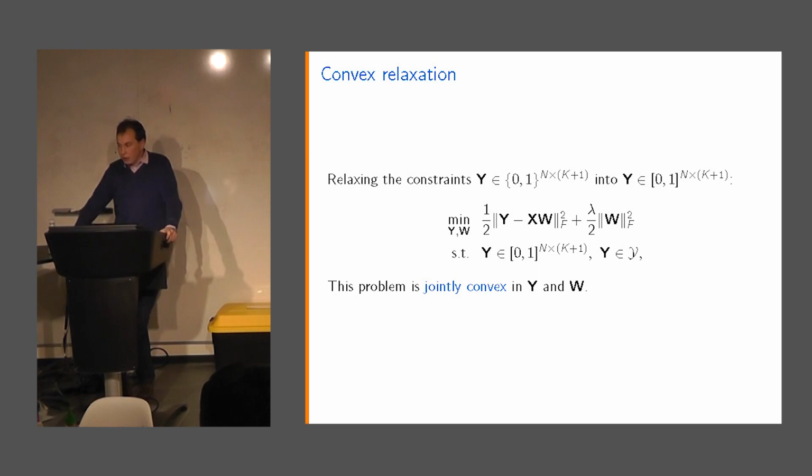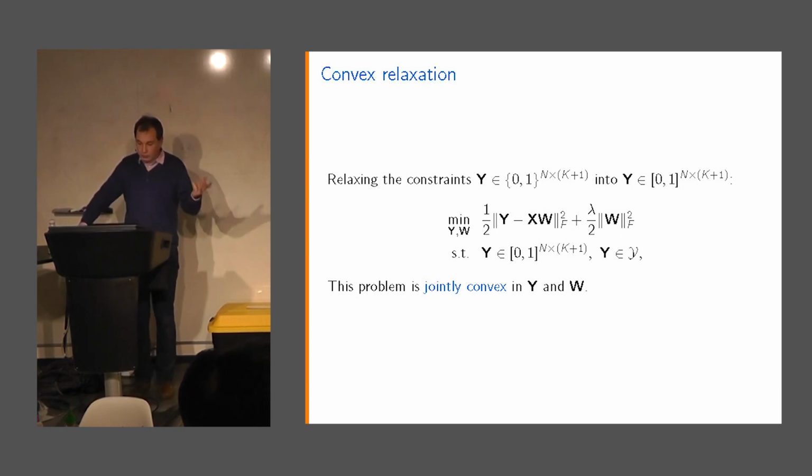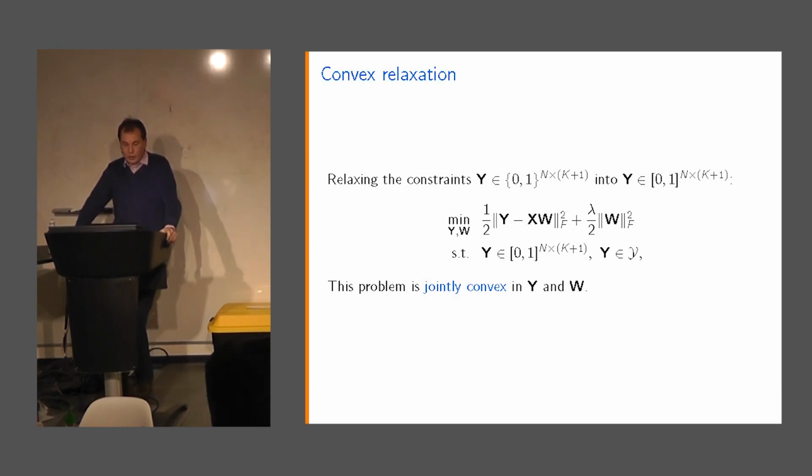And again, we'll relax the fact that the matrix y should be a binary matrix into the fact that the y's should be between 0 and 1. And we obtain a problem that, again, is jointly convex in y and w, and so can be easily solved with any off-the-shelf quadratic solver.